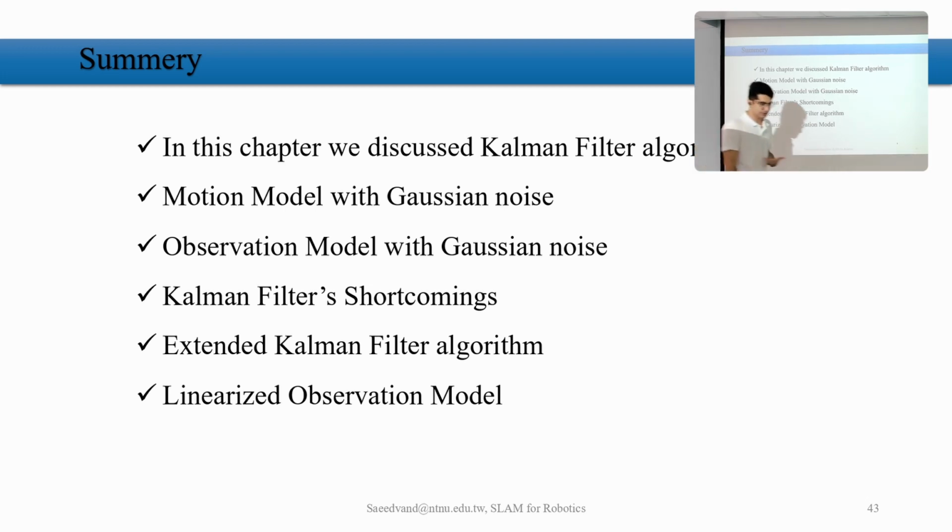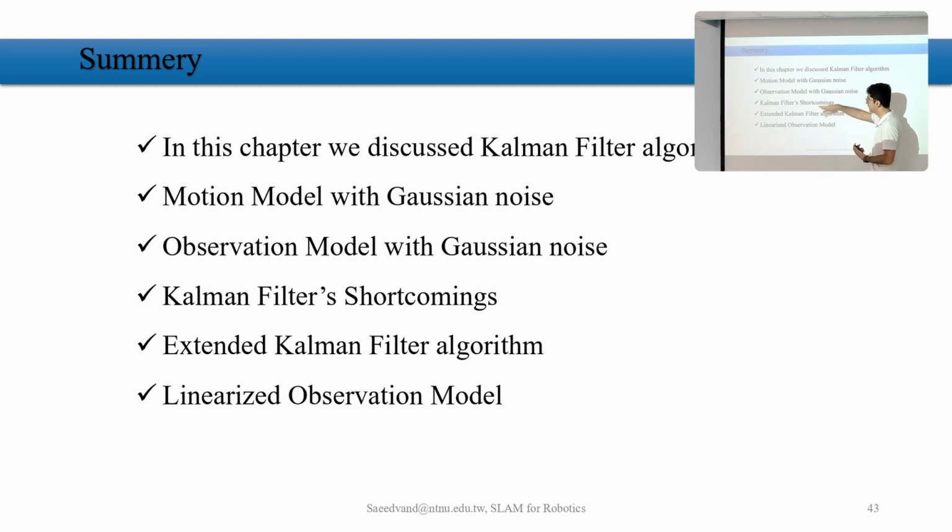So in this chapter, if we want to summarize, we discussed the Kalman filter first. We then saw the motion model with Gaussian noise. General concepts we reviewed. We discussed the observation model with Gaussian noise, how it looks like. We will see it later in detail. We discussed the Kalman filter shortcoming. We saw the problem is that it cannot accept nonlinear, non-Gaussian models.